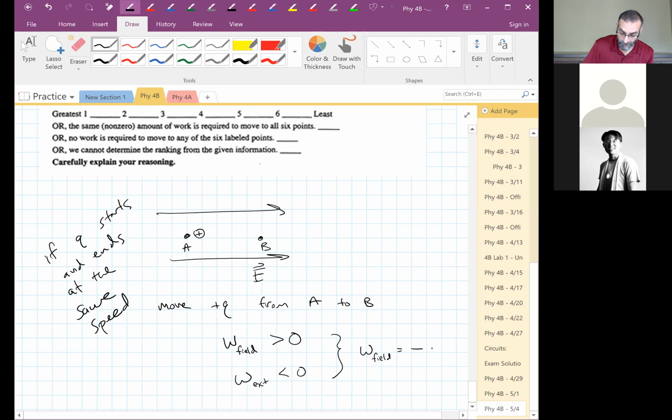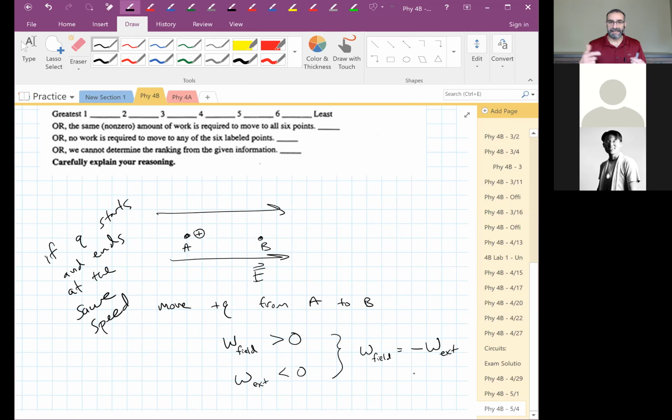So if it starts and ends at the same speed, whatever work the field does getting the particle to move faster, the external force would have to come in and slow it down to be at the same speed.